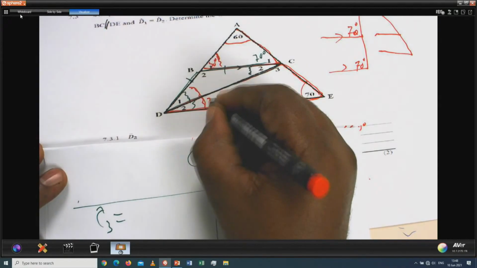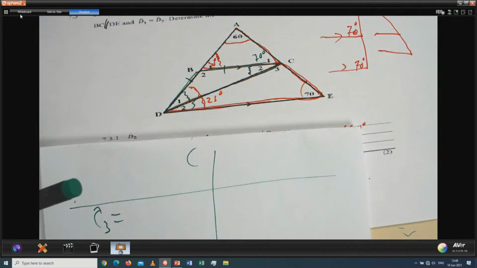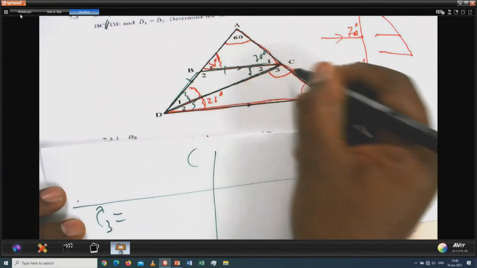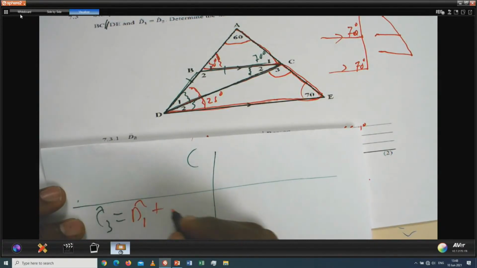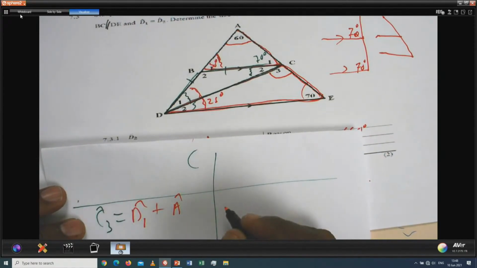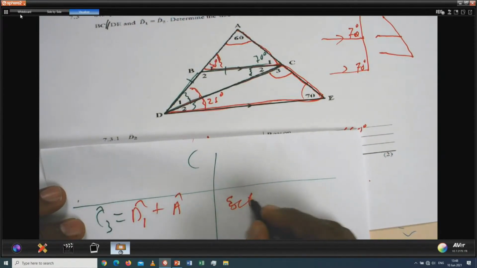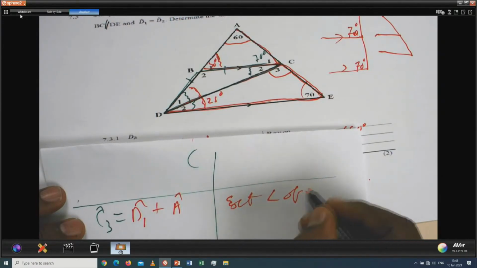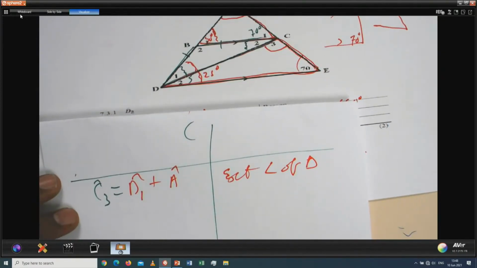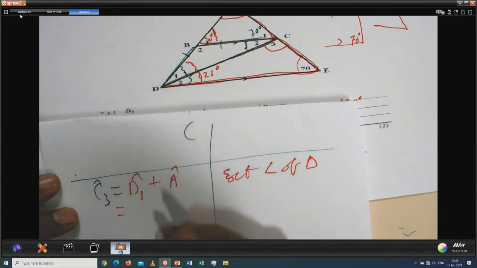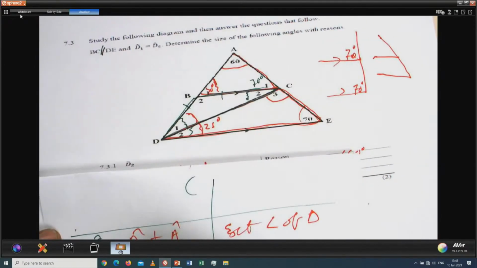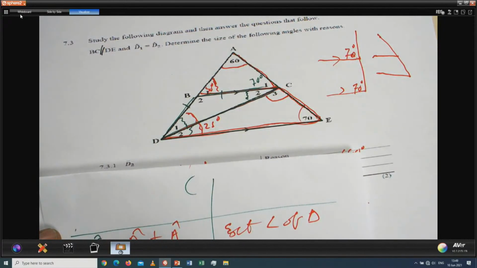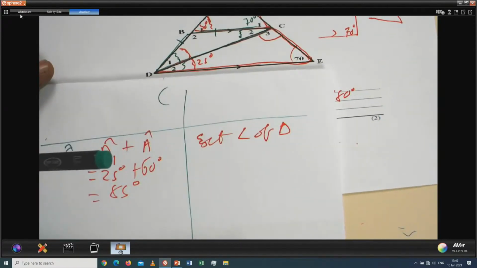And you know this angle is 25 degrees. C3 is an exterior angle of this triangle. Therefore, we can say C3 equals D1 plus A. Reason: exterior angle of a triangle. D1, have we proven it? Yes, it's 25 degrees. A, what do we know about A? It's 60 degrees, we are given. Therefore, C3 is equal to 85.